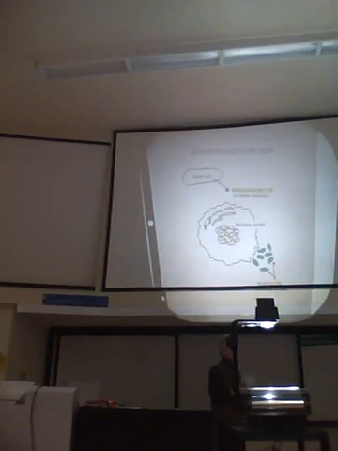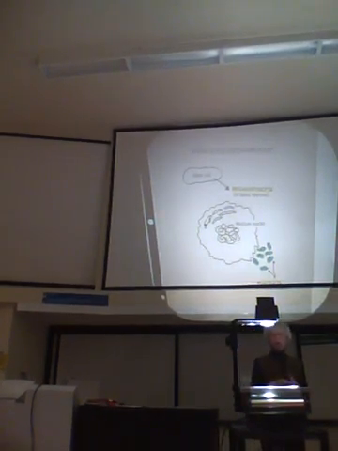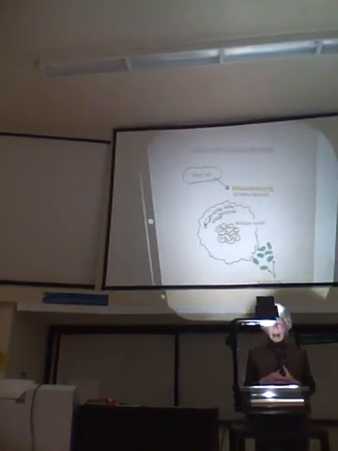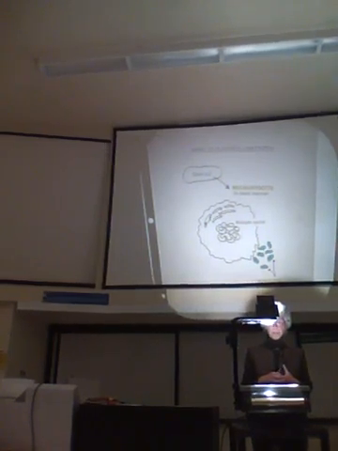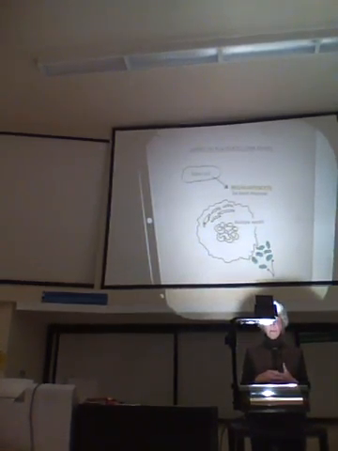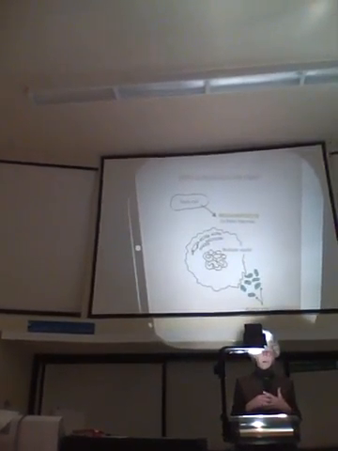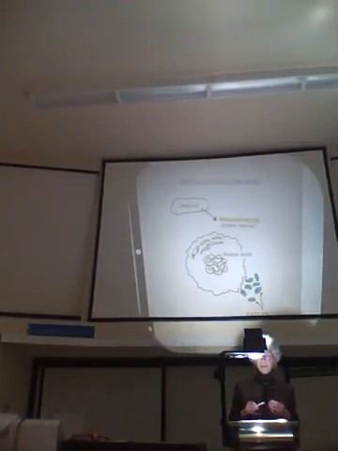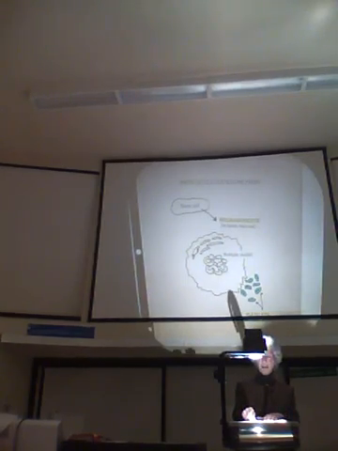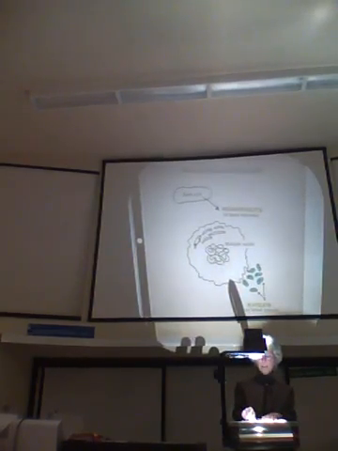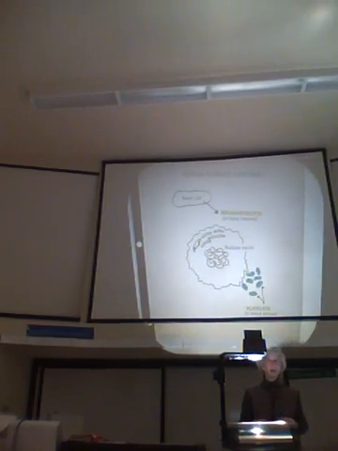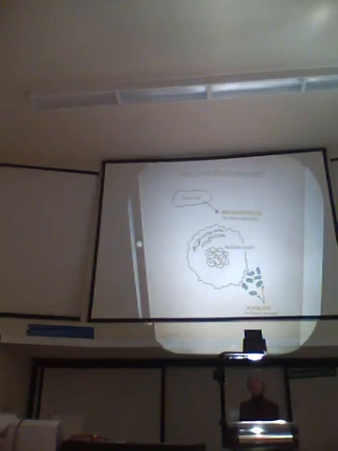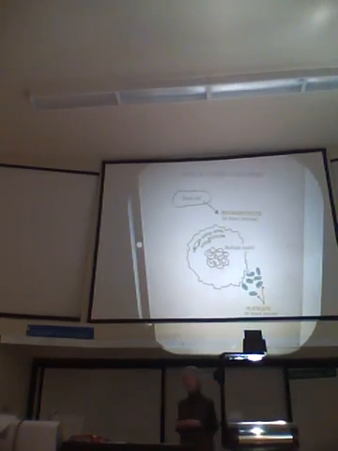megakaryocytes. These are large cells and they've got multiple nuclei. So I presume they're named from the fusion of several cells. And then what happens is that bits of the cytoplasm of these megakaryocytes bud off. And it's these budding off bits of cytoplasm that are the platelets.